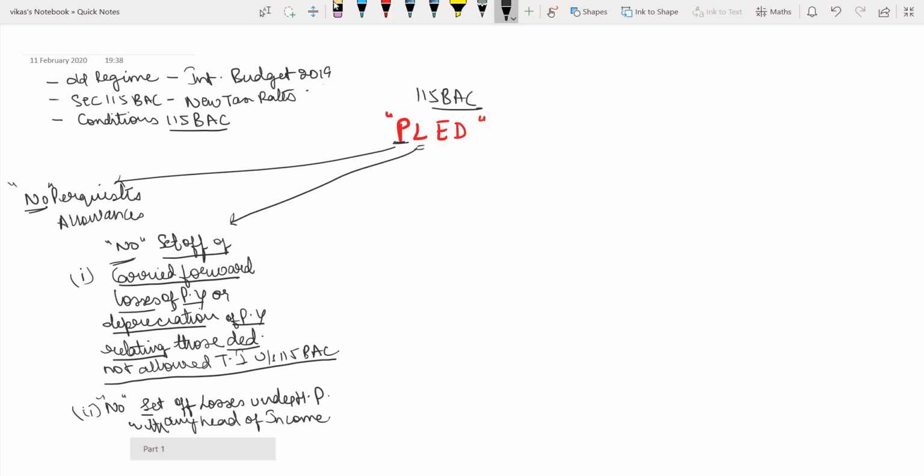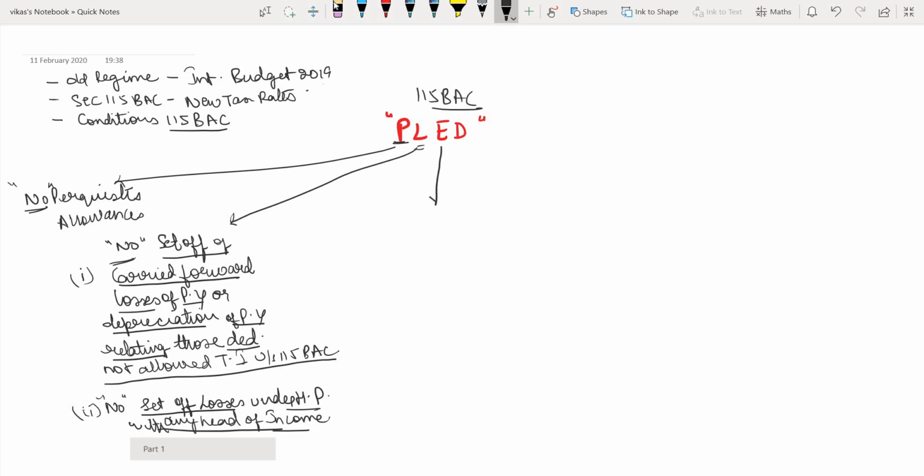It means that set off of losses of house property which was previously allowed with any other head of income. Now under section 115 BAC, losses under the head house property can only be set off with income under the head house property. It cannot be set off with any other head of income. These are the 2 points in L.